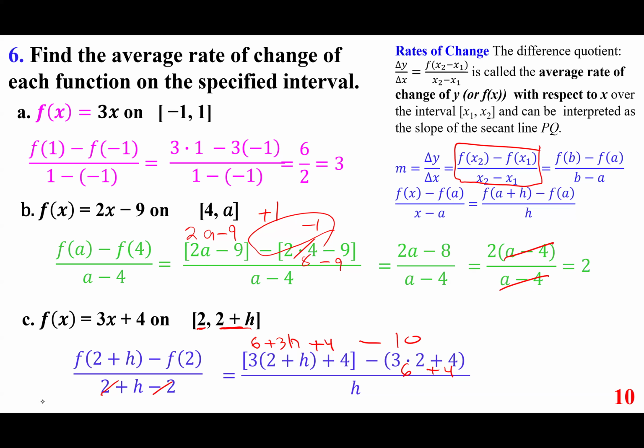So notice 6 and 4 and minus 10, they cancel each other, they become 0. So the numerator is 3h, the denominator is h. And we get 3 as the final answer.